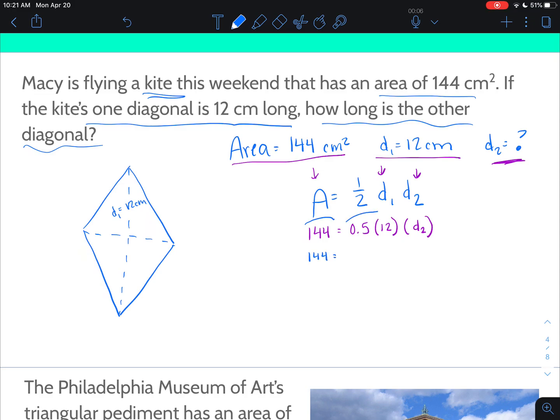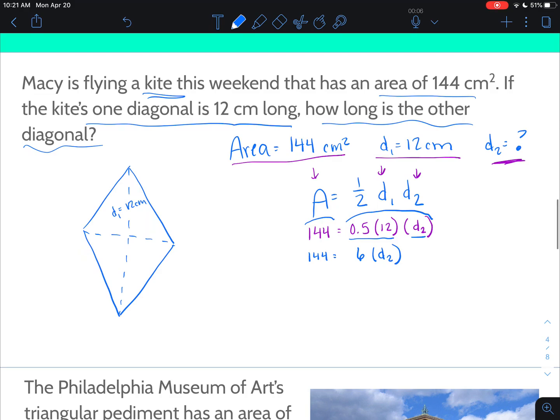Then I look at the right side to make my life more simple. I can multiply 0.5 times 12, so I'm going to do it to make it easier on myself. Half of 12 is 6, and then you're just multiplying that by the second diagonal. So we just simplified things a little bit.